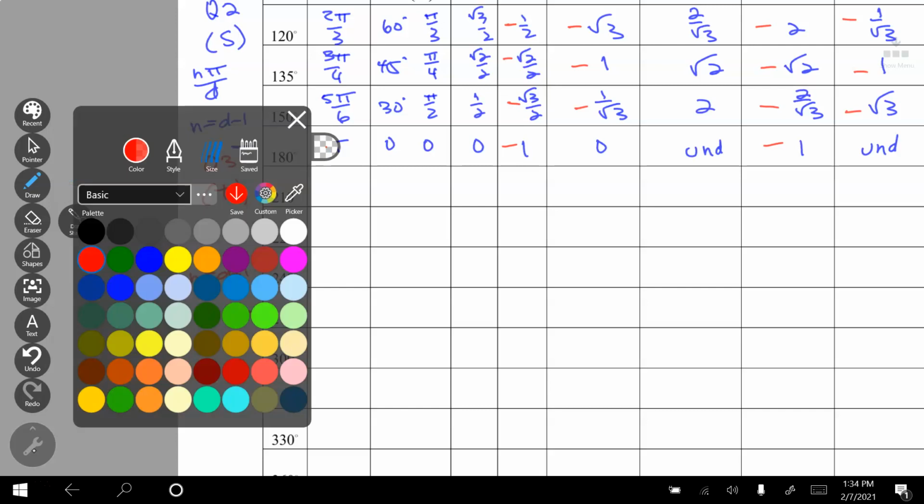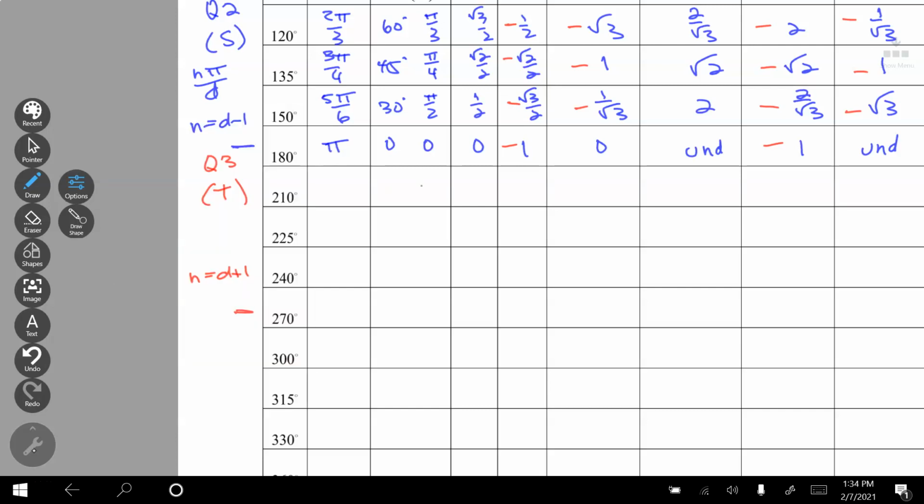So if I look at this carefully, 210 is a 30 degree, 45 degree, 60 degree, 90 degrees, and according to my reference, this is pi over 6, pi over 4, pi over 3, pi over 2, except my actual angle, my numerator has to be 1 more. So 7 pi over 6, 5 pi over 4, 4 pi over 3, and 3 pi over 2.